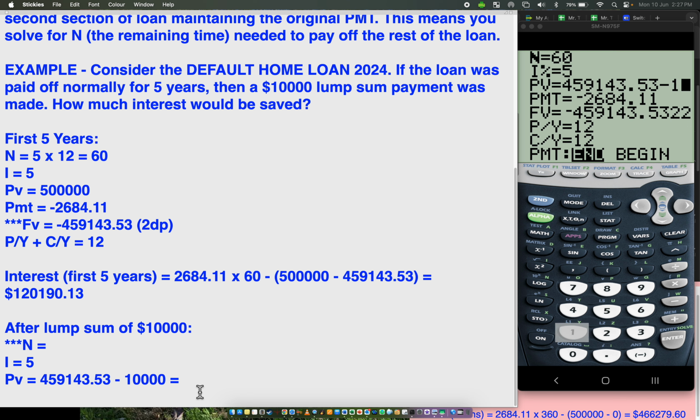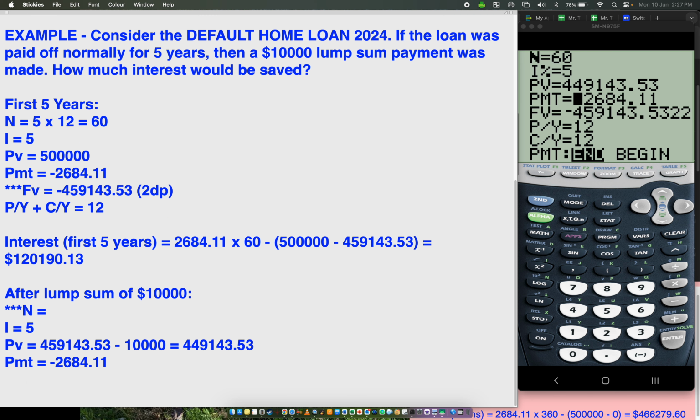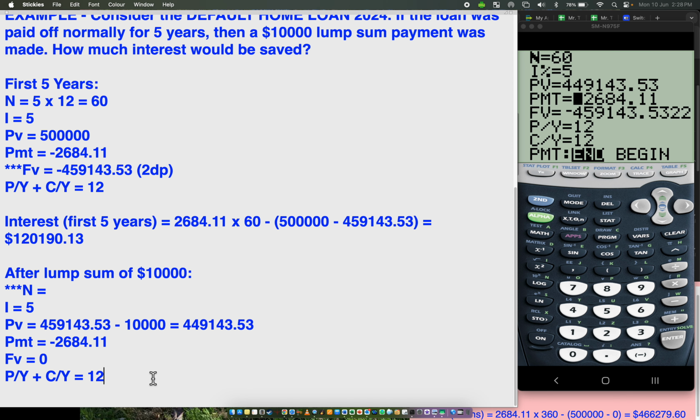So my remaining debt is 449,143.53. I'm keeping the original payments. I don't want to owe the bank anything at the end. PY and CY are both 12.